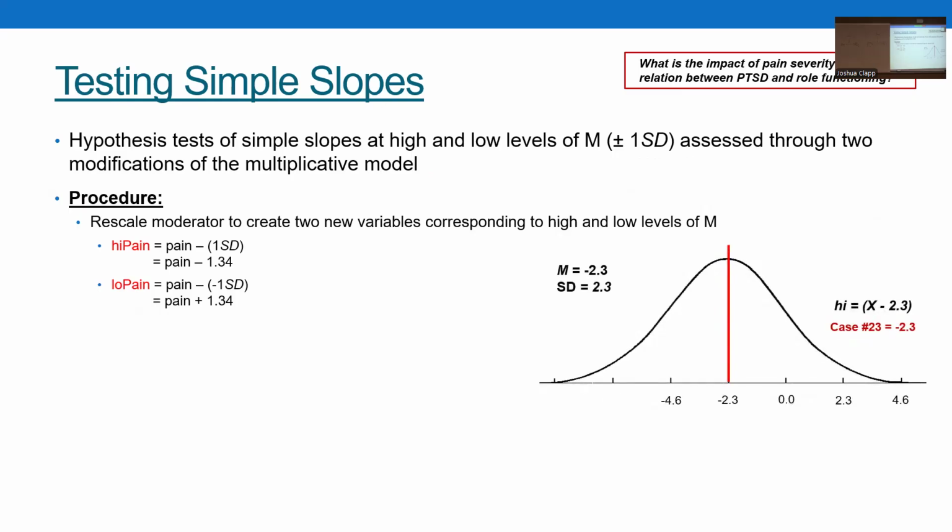If I subtract 1.34 from every value in my set, my new mean is now negative 2.3. Because my mean was 0, and I subtract 2.3 from all my values, my new mean is negative 2.3.